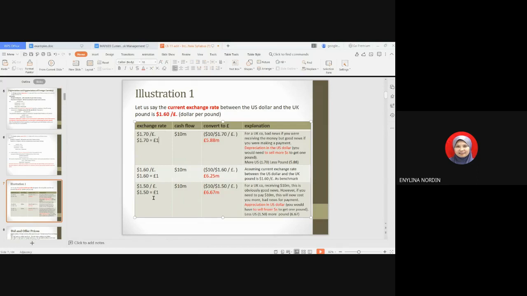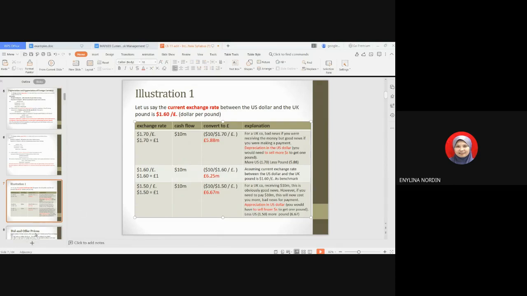That means you pay fewer dollars to get 1 pound, so the dollar is now appreciating and pound sterling is depreciating. If you receive 10 million, you will receive more in pounds. So this is a comparison of when the home or foreign currency is depreciating and appreciating.